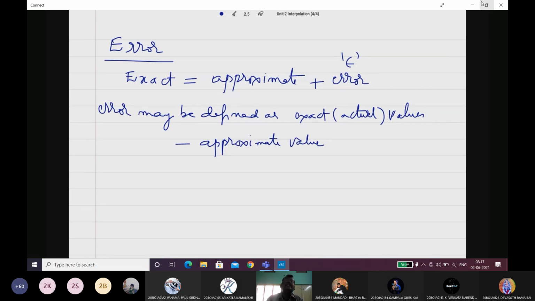This value is a very negligible, small value. That is, the difference between the actual and approximate value is called error.